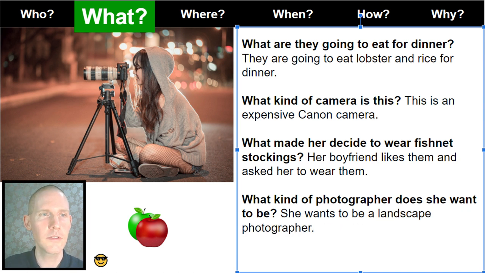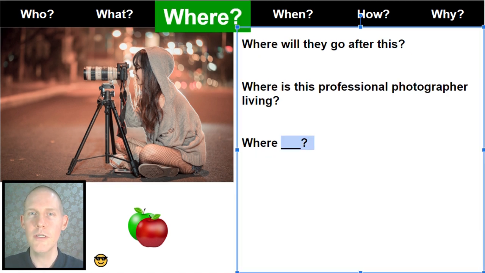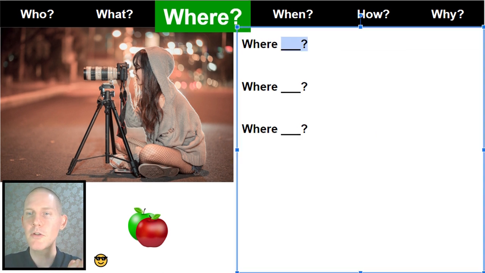Okay, I think I saw some more where questions. All right, Abdul Samad says, where is this city? Good question. All right, let's make a few more where questions. I'll look in the comments and I'll add some as well. Where is her bag?